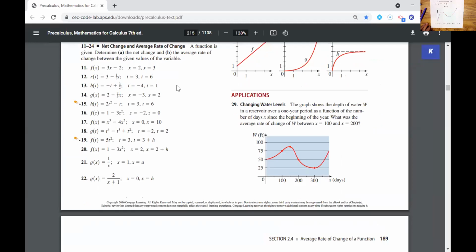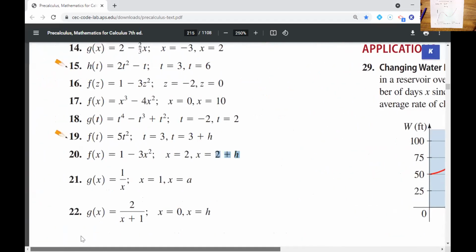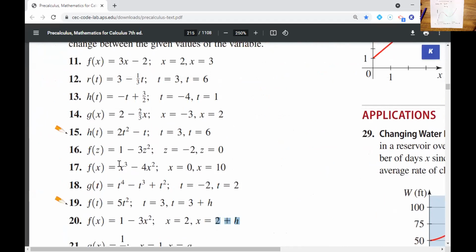And we're going to do problems like 11 through 24, okay? So if you look at, let's do number 15. Okay, so if you guys see number 15, write down number 15. I'll write it on a sheet of paper and stop my share so that you guys can see it.